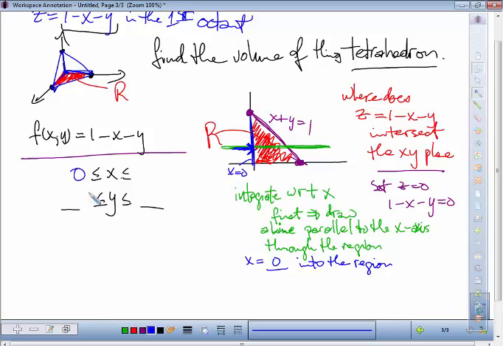Okay so far? Now, you're in the region, and then at some point, you're going to have to get out of the region. So now you need to identify another function, and since we're integrating with respect to x first, you need to identify x equal to some function that gets you out of the region.